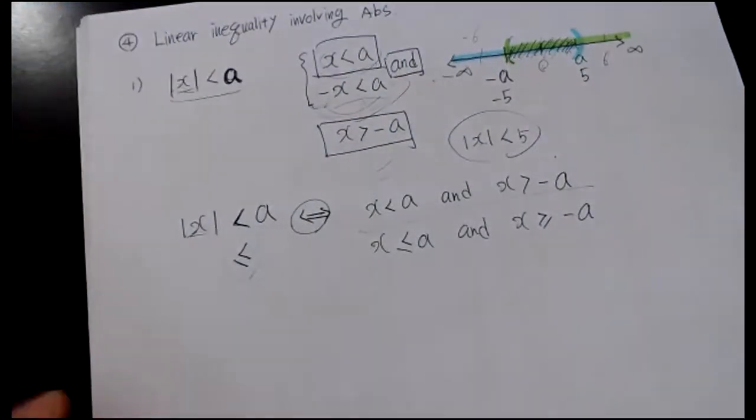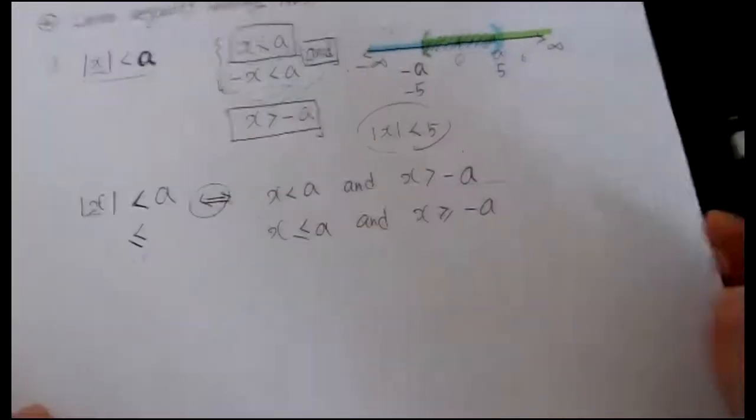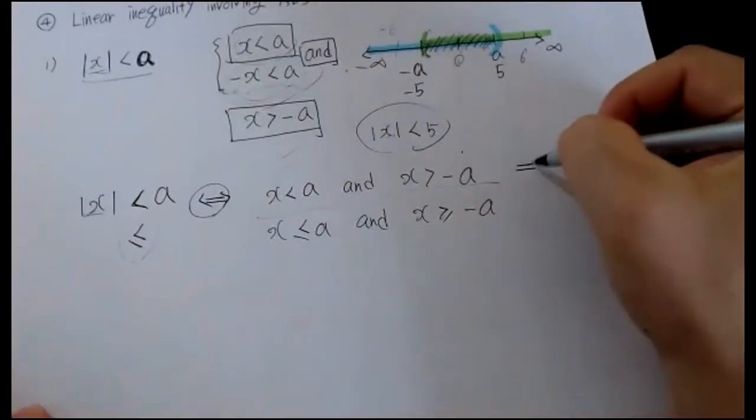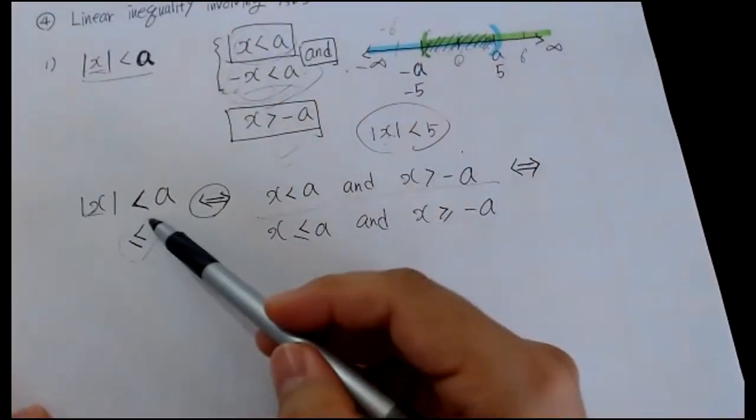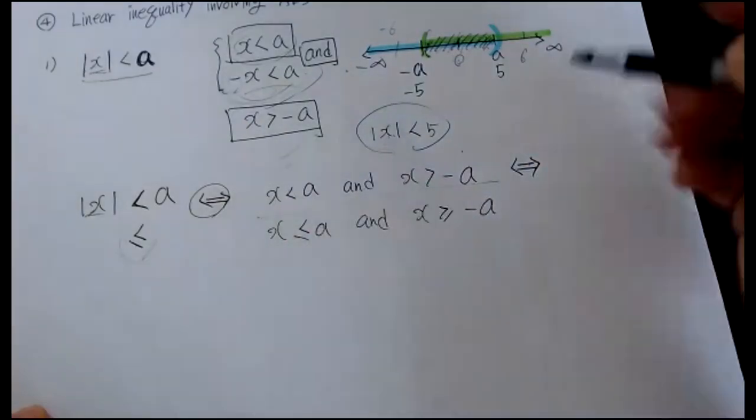So an inequality involving absolute value is nothing but a compound inequality. So you have to convert that inequality to a compound inequality and then solve it. There is a short expression, especially for this case, for less than or less than or equals.